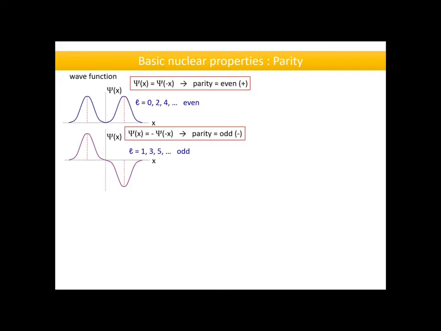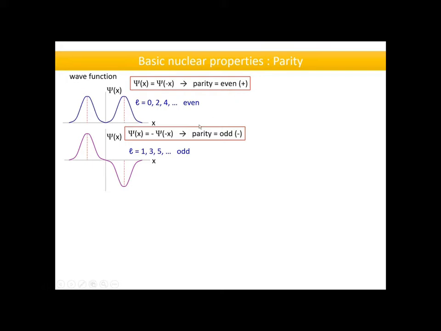The next nuclear property is parity, and parity refers to the behavior of the wave function, that is psi, under inversion of coordinates through the origin. Now if x becomes minus x and the wave function sign does not change, then the parity is said to be even or positive.